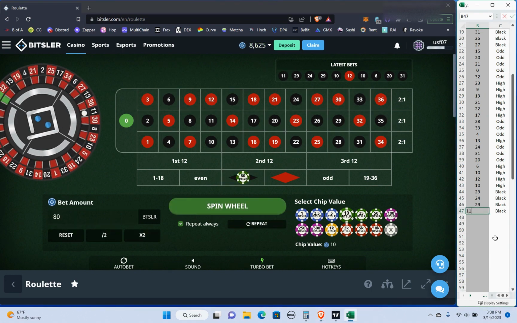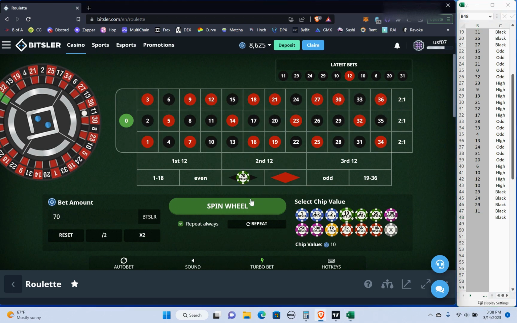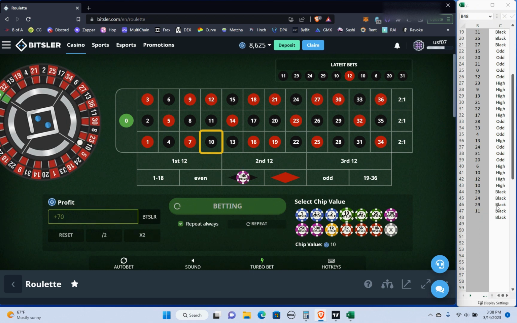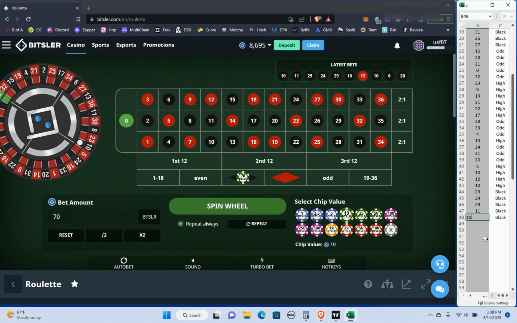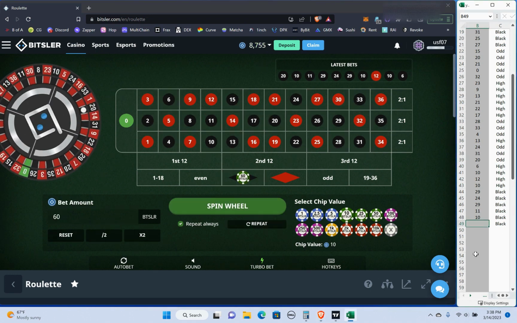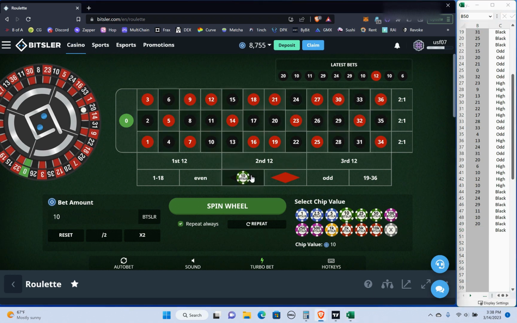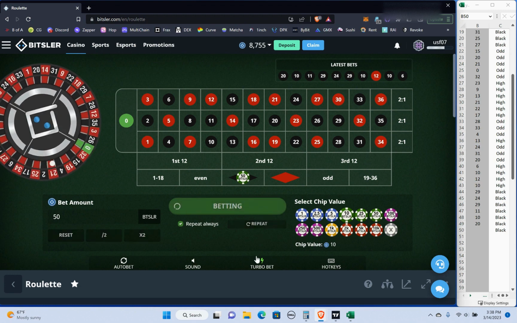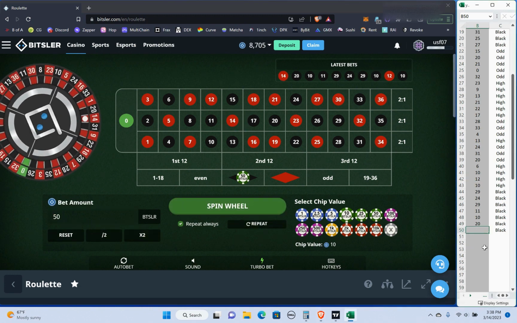Nice, another black run going here. It's helping us out. Down to 7. Okay, down to 6. We're almost there. One more win and we'll be at the 10 units. Down to 5 units here. Of course, we didn't get that.